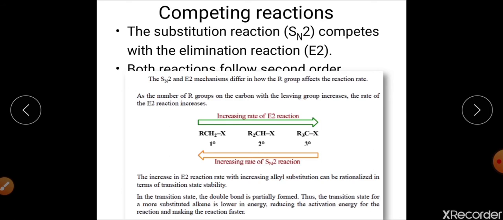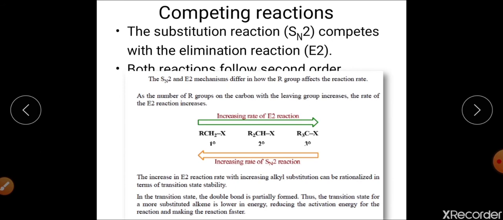Now we want to talk to you about the competitive reaction of the E2 elimination reaction. As you know, the competing reaction of this particular elimination is the SN2, that is nucleophilic substitution bimolecular reaction.